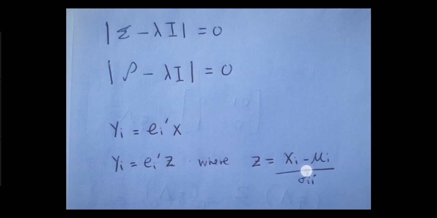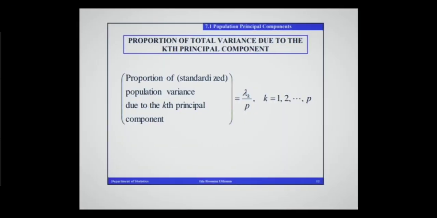And Z is this one, like I explained to you just now. We transform from X to Z, which means we need to subtract the mean from the variable and divide by its standard deviation. Okay. Alright, another one from the theorem is that we can find the proportion of the total variance due to the kth principal component.